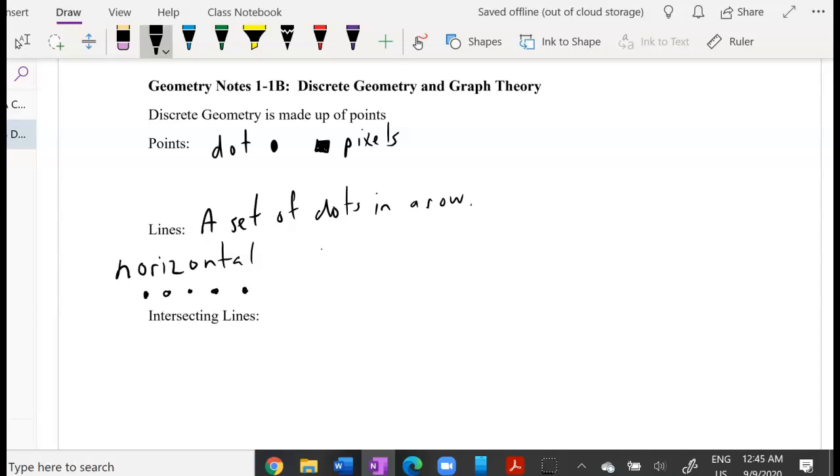You can have a vertical line, which looks something like this. You can have an oblique line. Oblique really just means it's not horizontal and not vertical, and it looks something like this.